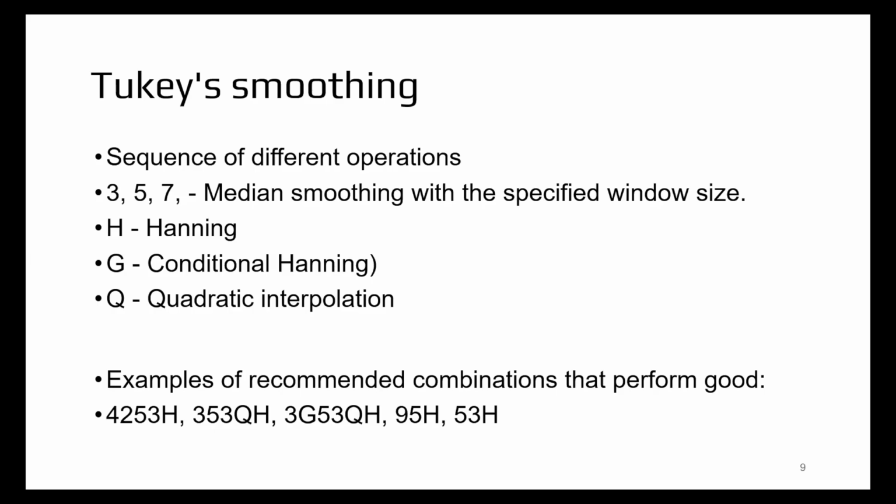As you can see, odd numbers mean we apply median smoothing, H is for Hanning, G is conditional Hanning, and Q is quadratic interpolation. Down here you can see how this sequence can look. Here is a recommended one from sources. They perform well on the data.